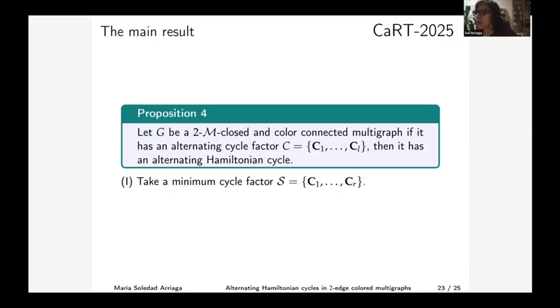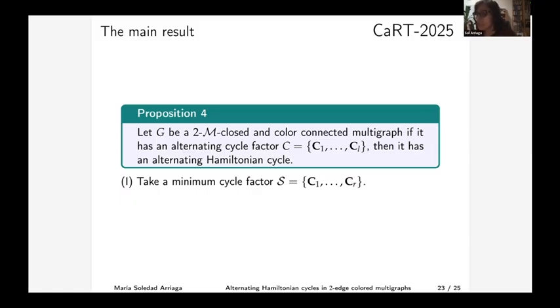First, suppose that we can take a minimum cycle factor S from C, with cycles C1 to Cr.